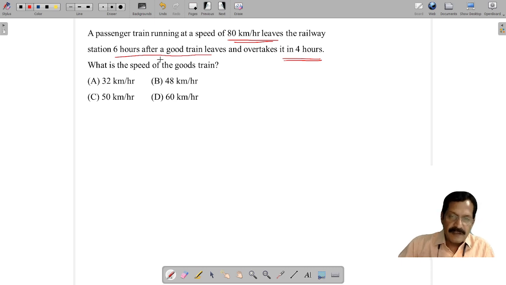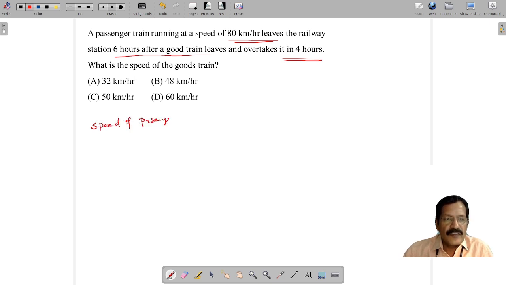So a passenger train starts from a railway station 6 hours after the goods train leaves. Now, what is the speed of the passenger train? Speed of the passenger train is equal to 80 km per hour.